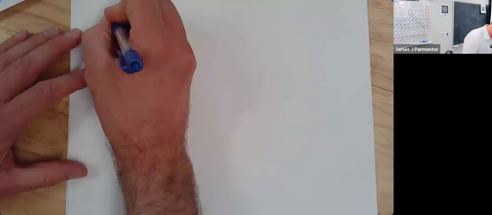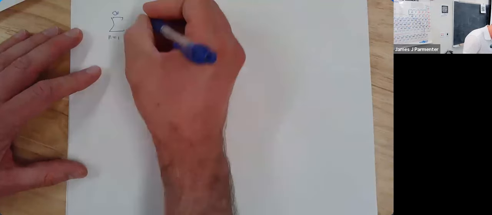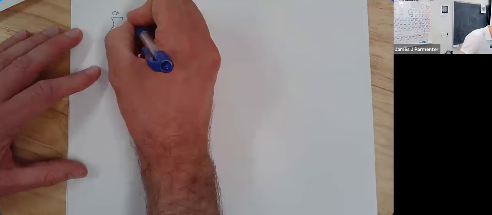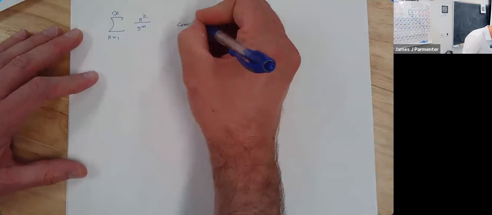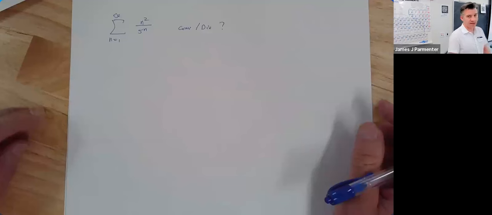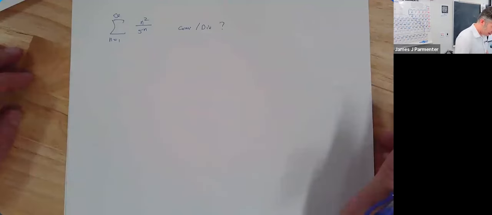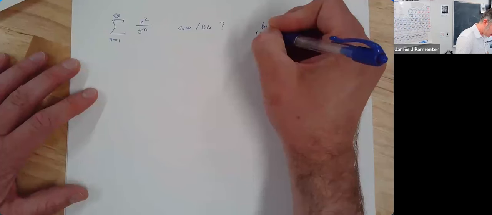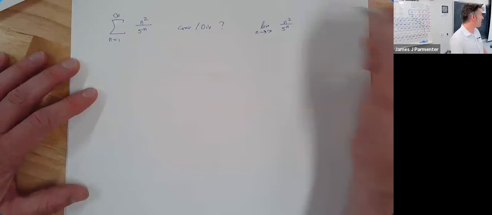Let's say I want to determine whether or not this series from n equals 1 to infinity of n squared over 5 to the nth power converges or diverges. And it definitely doesn't diverge by the nth term test. If you take the limit as n goes to infinity of n squared over 5 to the n, it's going to equal 0.